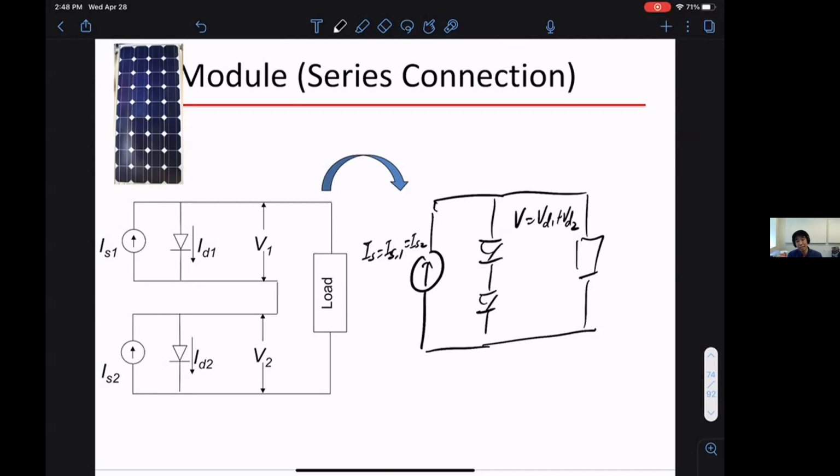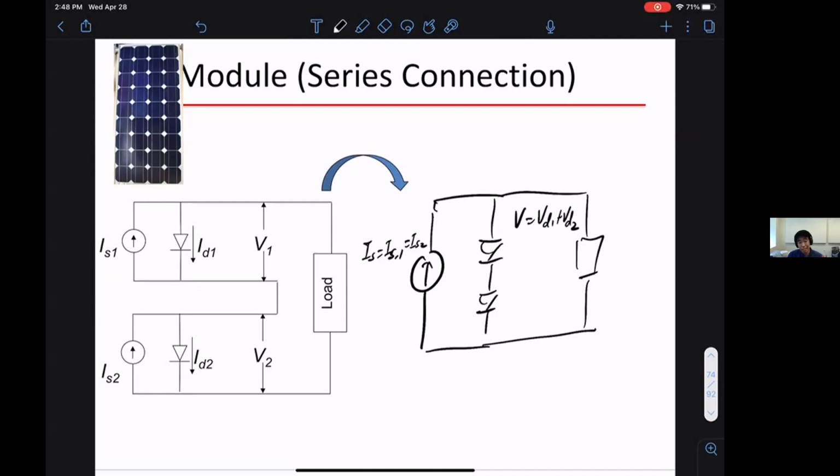It's not as simple as the way we drew here, where we just put current sources in series and it's okay. Any questions about that? Just something to keep in mind. When you see a solar panel on the rooftop, there's electrical engineering that goes well beyond panel, wires, load, and you're done.